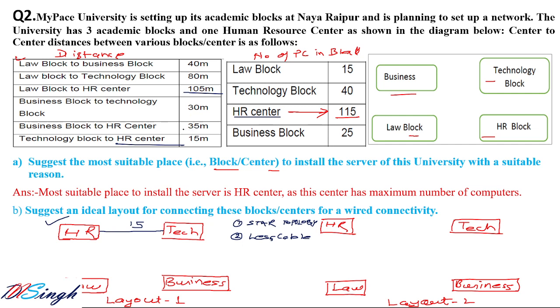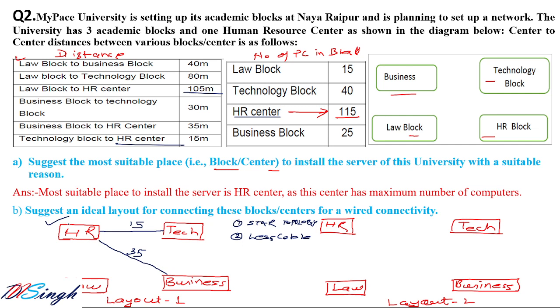This is the next distance we can take. We also have business to technology block, which is 30, but we want to connect the other blocks directly to the server block, so we are going to take this 35 meters link.